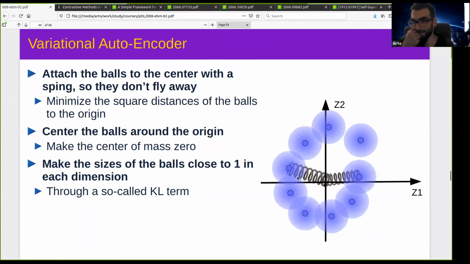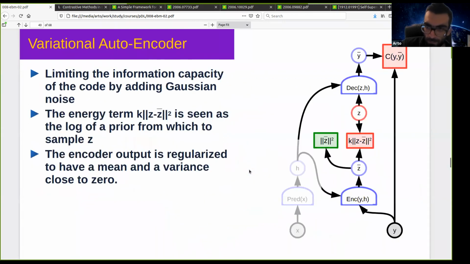In practice, we will have this multi-dimensional variance vector, and the mean can deviate from 0 if it's useful for us. The variance can also deviate. So the variance is also outputted by the encoder. The encoder outputs double the dimension of z.